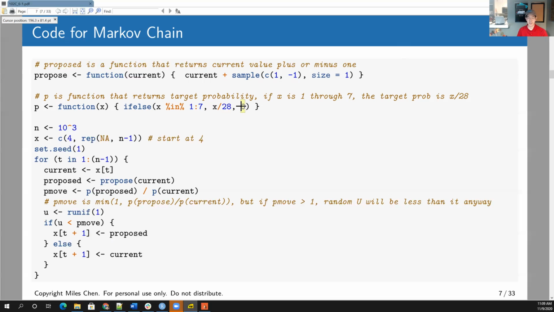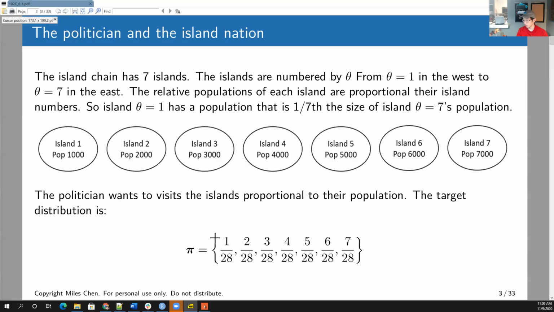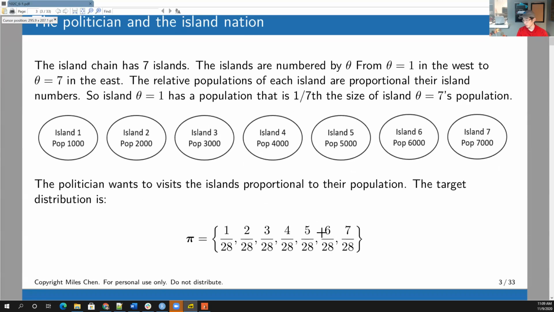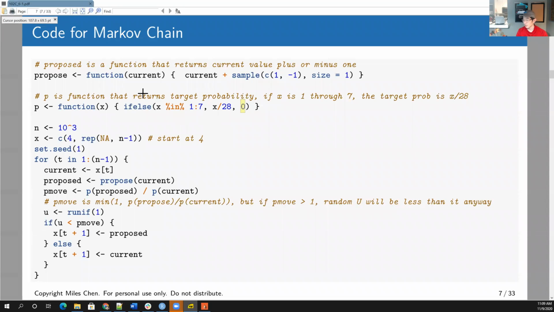And so we can see that this will give us back basically our target distribution. So if x is any one of these values, 1 through 7, which are our locations, return x over 28. That's going to be the probabilities there.